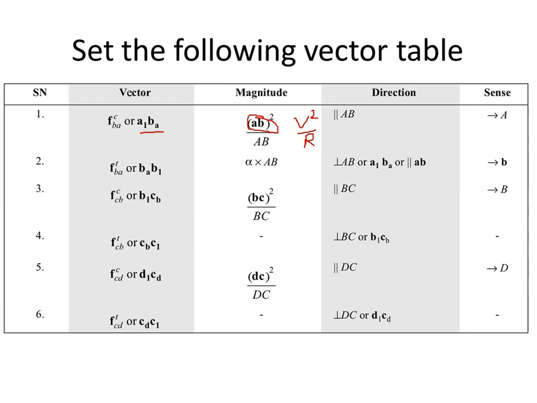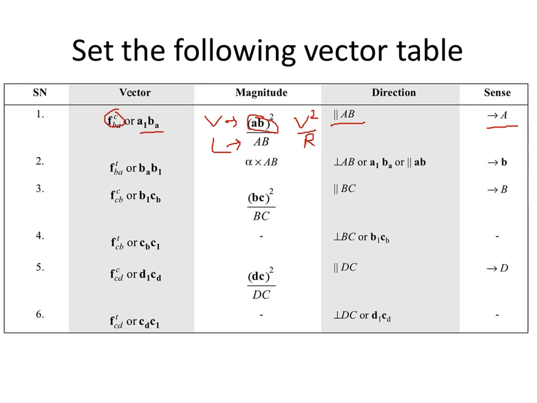So you get AB square by AB. The centripetal part you always have to take parallel, so draw it parallel to AB, and the sense should be with respect to capital A.